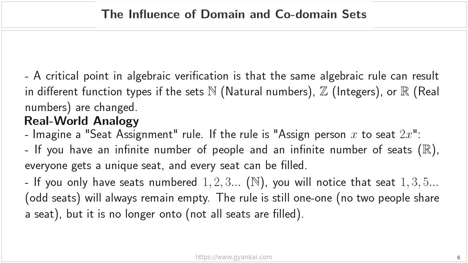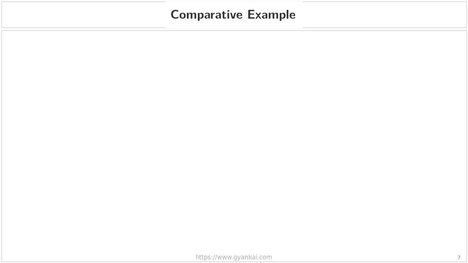In this second scenario, the rule is still 1-1 because no two people are sharing the same seat. But it is no longer onto, because not all seats in our codomain are occupied. This demonstrates why you must always be mindful of the sets involved before concluding the function type. We will see this exact principle applied to a mathematical comparison in the next slide. Comparative example.